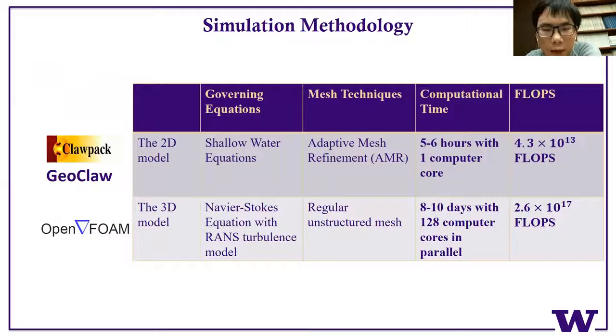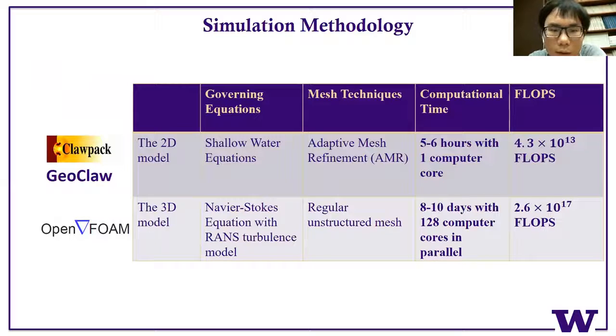So you can imagine as the front of the wave, the front of the tsunami bore, moves, it automatically refines near those places where we should have a finer grid, and that's the good thing about using adaptive mesh refinement.